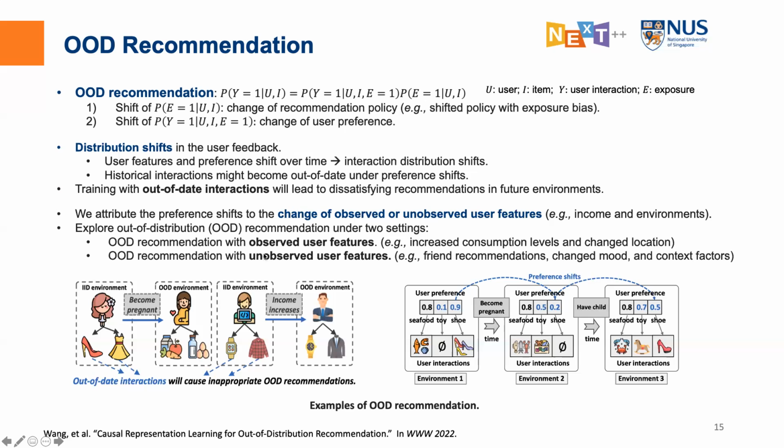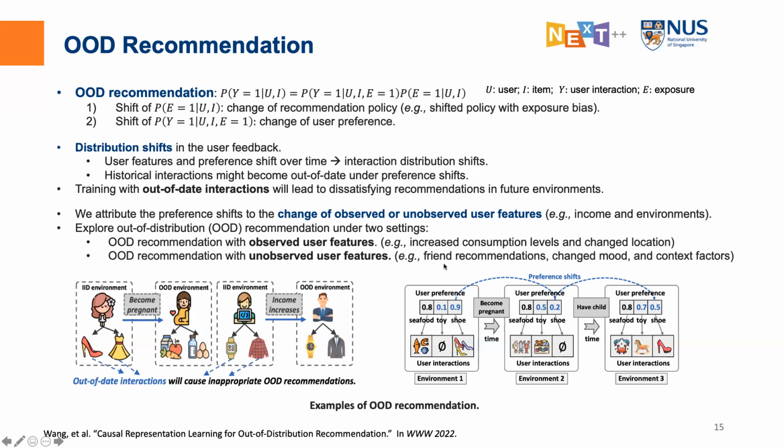Maybe on some day, a friend recommends new items to this user. These factors cannot be observed. So the interaction distribution shift can also be caused by unobserved user features.